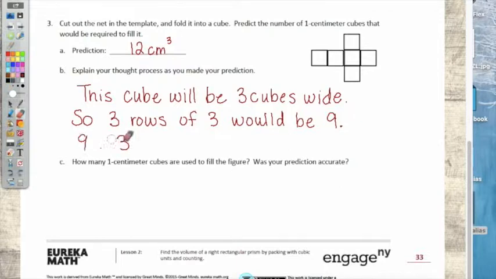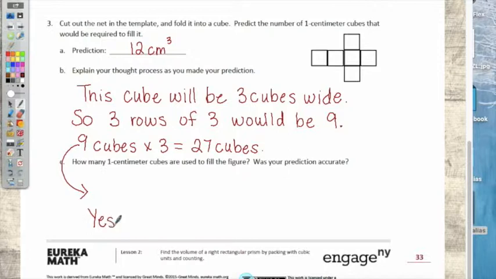Yep. So 9 cubes times 3 times 3 equals 27 cubes. Very good. And was Farrah's prediction accurate? Yes. Actually, I should have written that down there, shouldn't I? Yes, my prediction.